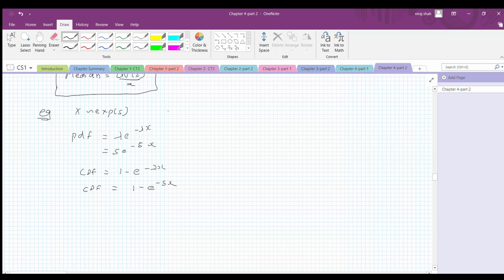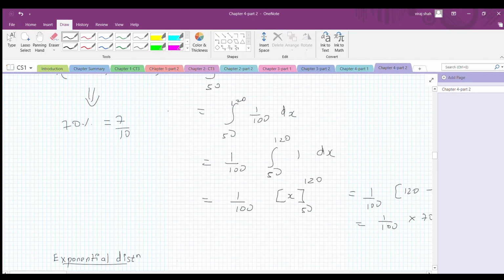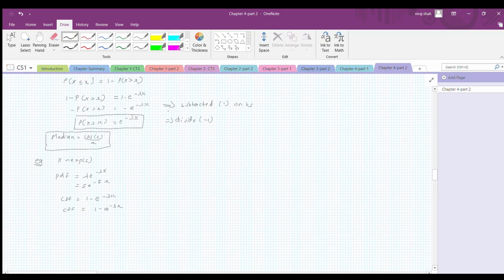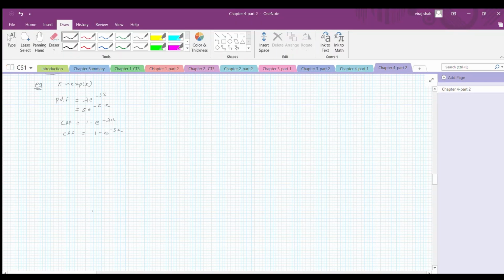Like any other sums or any other derivation, let's find its expectation and variance. But before doing expectation and variance, there are some formulas which you must learn. These formulas are not given in the tables book, so you have to learn them. Okay, this formula is known as the gamma function.